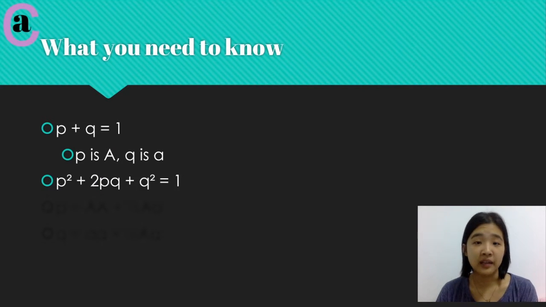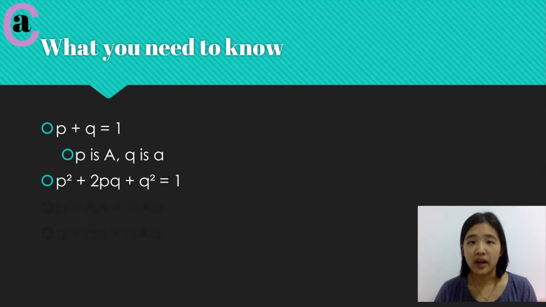And the other thing is that p squared plus 2pq plus q squared equals 1. If you square p plus q equals 1, you will get that second equation. But if you only look at the second equation, it actually makes a lot of sense, right?